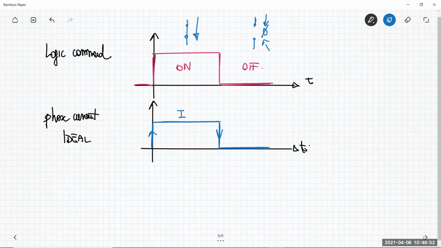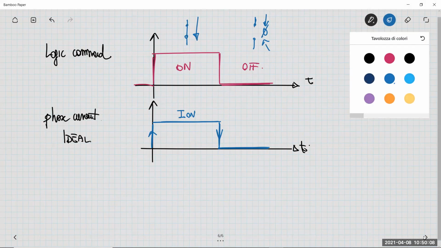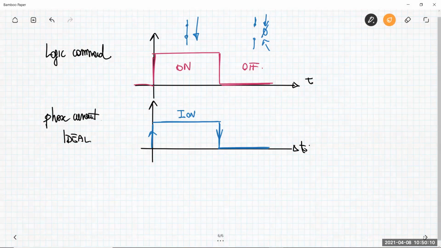Let's call this current I-on, the current flowing into the phase when the phase is activated, is energized. The value of this current depends on the manufacturers. Typically, it can range over different levels, no less than a minimum value and no higher than a maximum value.